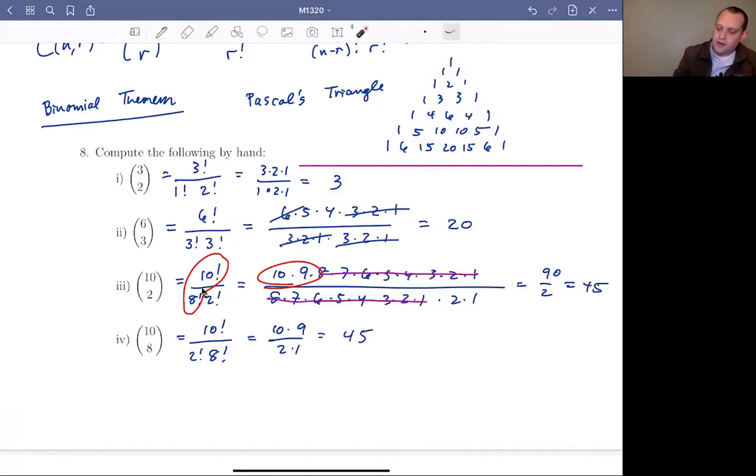And so I want to know, why are these two equal? Think about that for a second. We can talk about that later. But think about why those should be equal. And here's a hint. If you make a 2-person team to go on a mission, that's the same as making an 8-person team to not go on a mission.